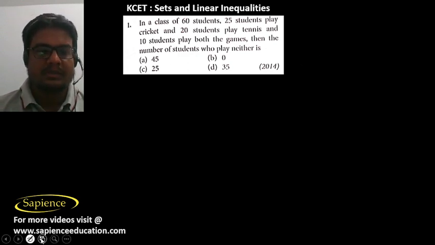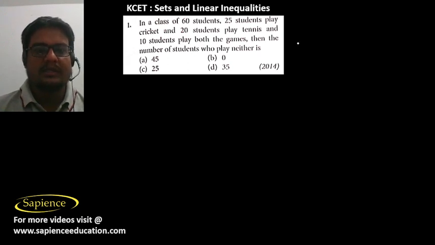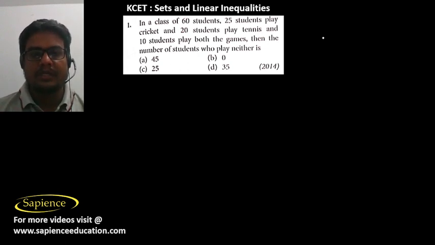So here we shall start the very first question. It is told that in a class of 60 students, 25 play cricket, 20 play tennis, and 10 play both the games. Then find the number of students who play neither of the games.